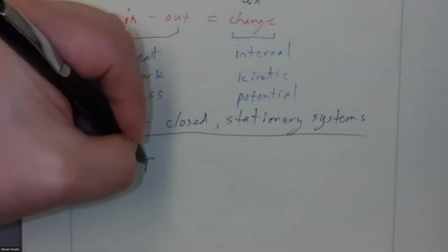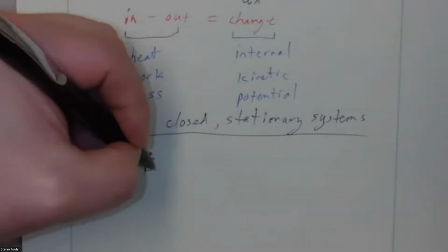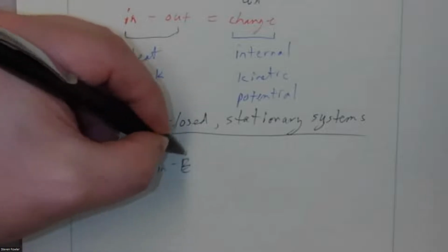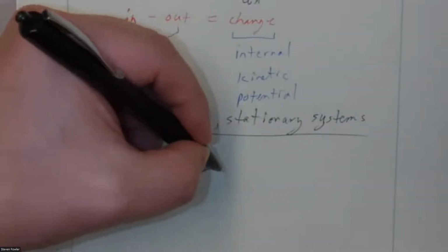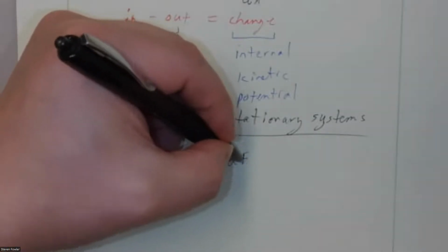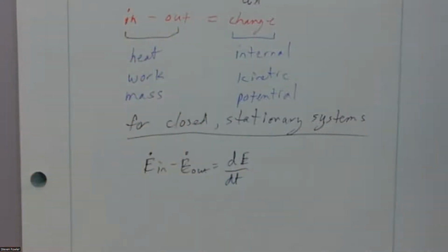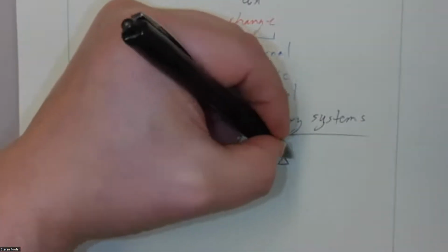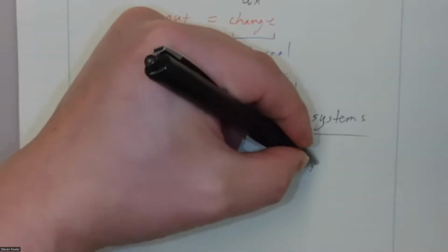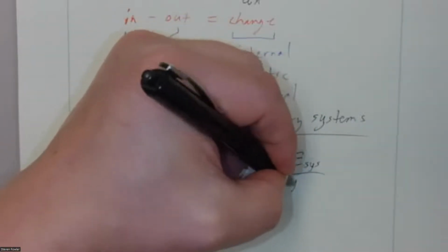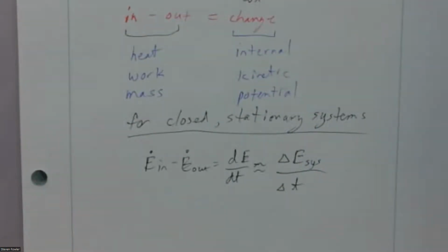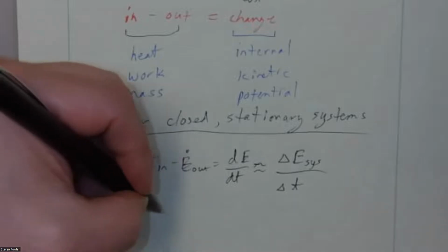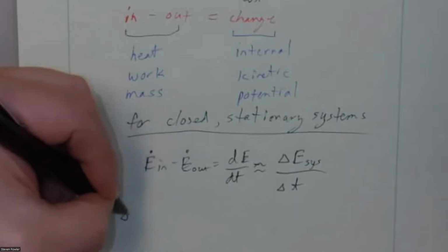If I'm dealing with a closed system, I'm probably not so worried about every little differential change over every differential time frame. I'm probably more worried about a total energy change for my system over a total time period. And I'm probably really not even concerned about the time period. What I'm really concerned about is the total amount of energy.